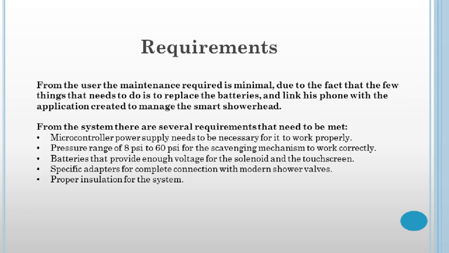The batteries need to provide enough voltage for the solenoid and the touchscreen. We also need to create specific adapters that will complete the connection with the modern shower valves. And lastly, we need to make sure the insulation for the system is the most appropriate.